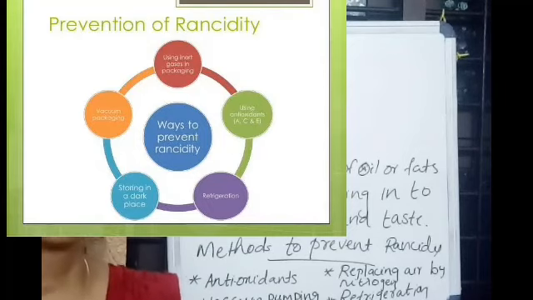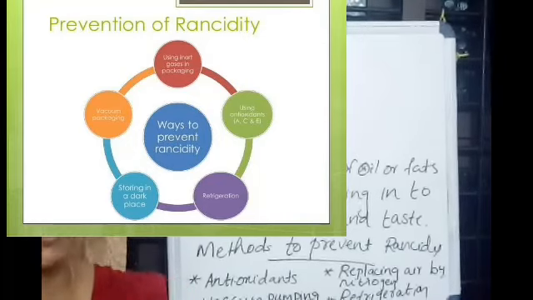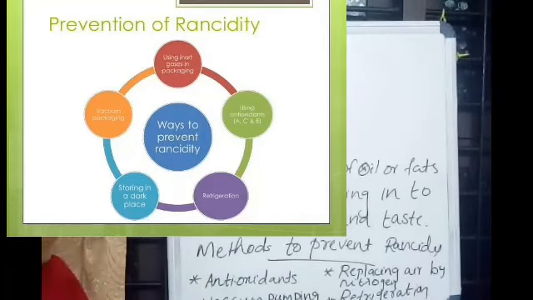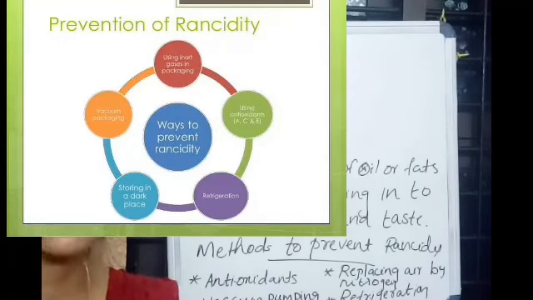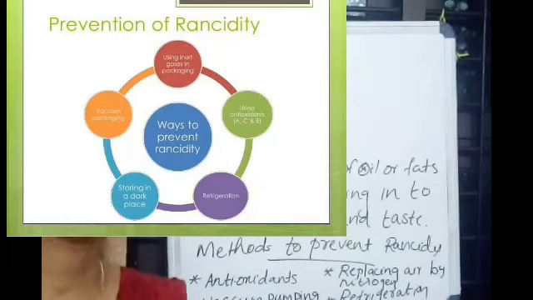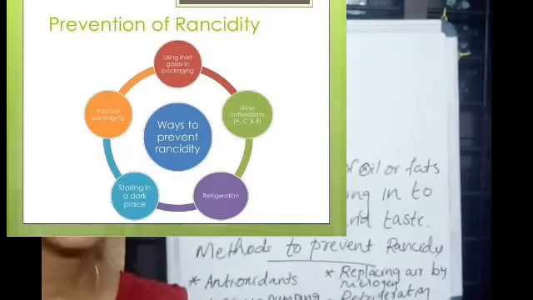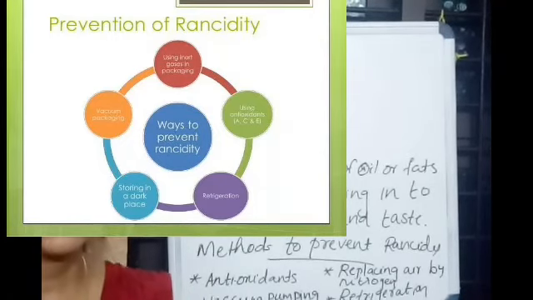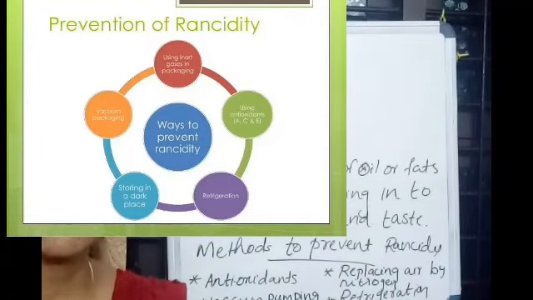Thereby, we can avoid the effect of oxidation up to some extent. Second one, vacuum pumping. Vacuum pumping means removal of air from the packet. This air contains oxygen. This presence of oxygen facilitates oxidation. So if we remove the air from the packet, we can reduce the process of rancidity.